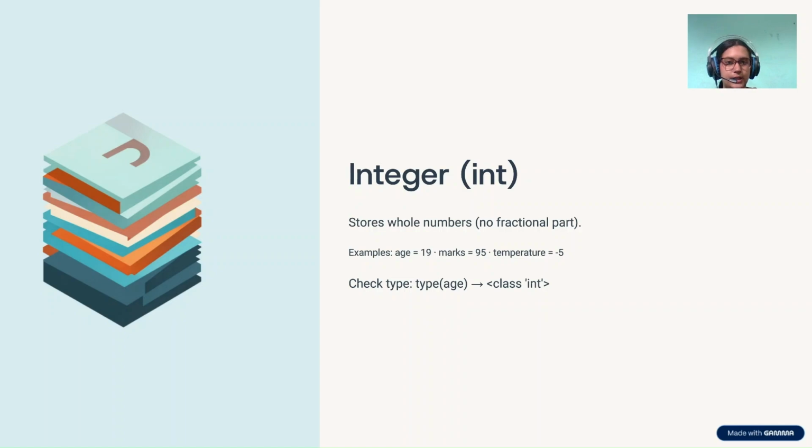And yeah, if you put a decimal point number inside an int variable, it will only take the whole number and it will ignore the decimal. But you see, I told you in the last lecture also, right? In Python, you don't have to explicitly declare the data types.